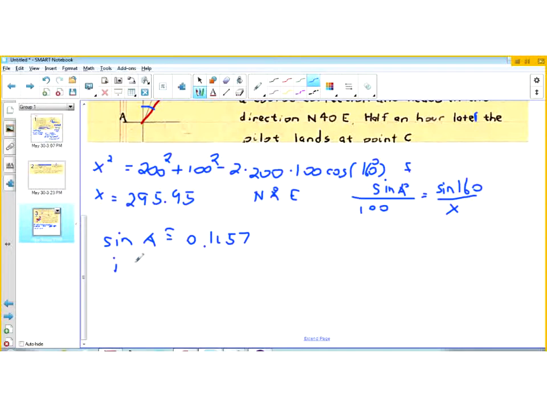And if you punch inverse sine on your calculator, make sure your calculator's in degree mode, so that would be 6.36 degrees. So your bearing would be north 6.36 degrees east. Okay, so that's the answer to that problem. All right, interesting problem.